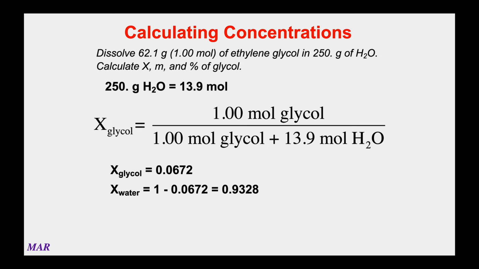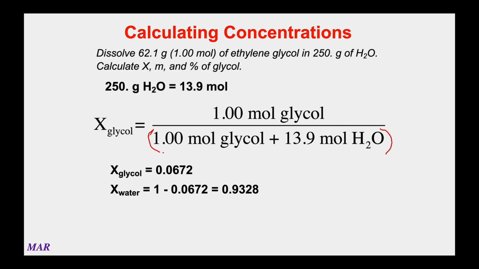It'll come out to be 14.9, and that's not the right answer. You want to make sure that the whole denominator is placed in parentheses, or just have 13.9 plus 1, something like that. But make sure you do your math right. In the denominator, make sure that's all in parentheses. Anyway, if you've done it right, mole fraction of ethylene glycol, 0.0672. Woohoo, I know, exciting.